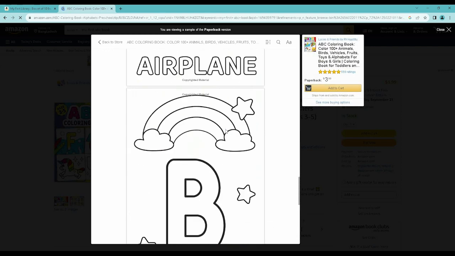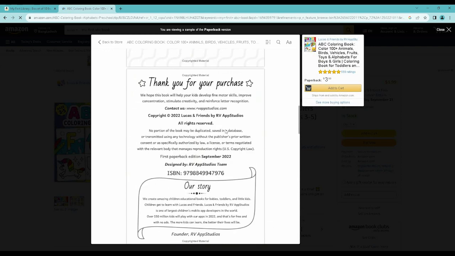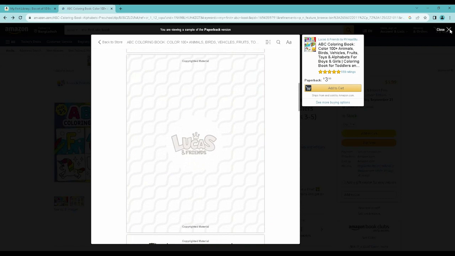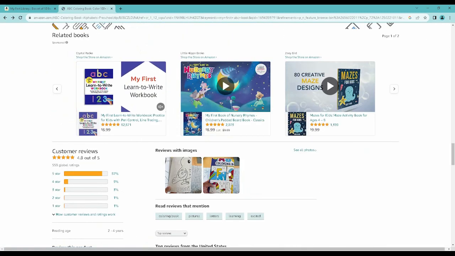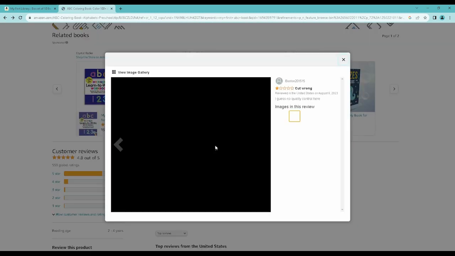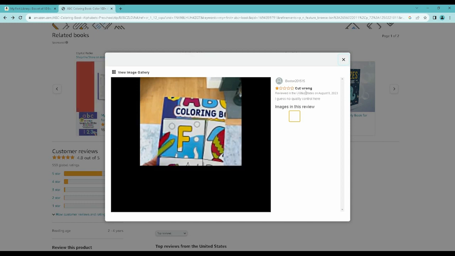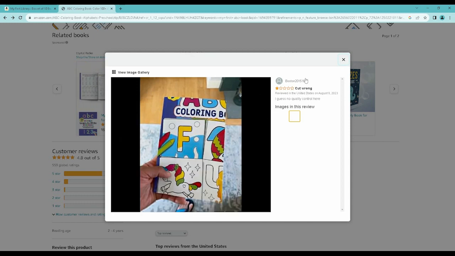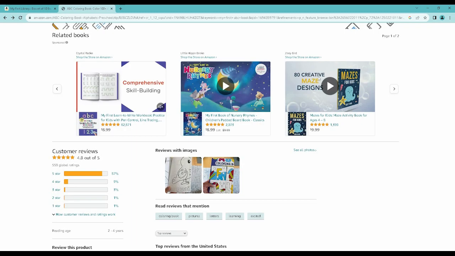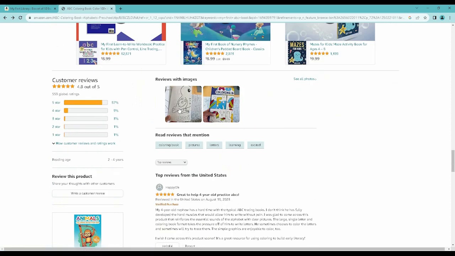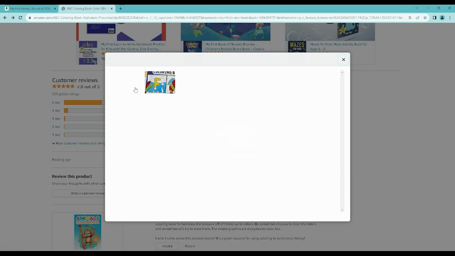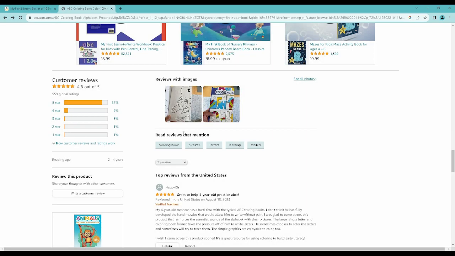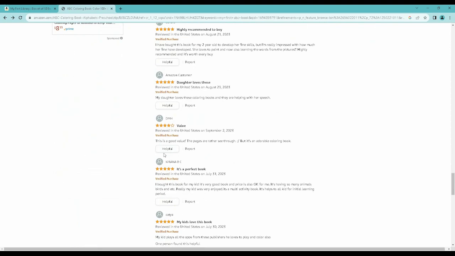Really well, good illustration, but the hair cutting is wrong, a problem. The customer review is really bad. Just one image, or two images shared by customers.